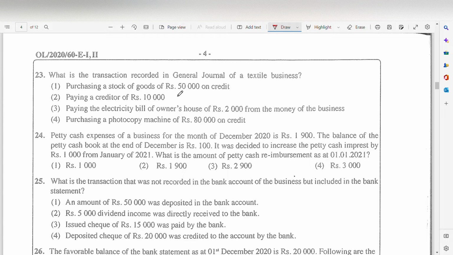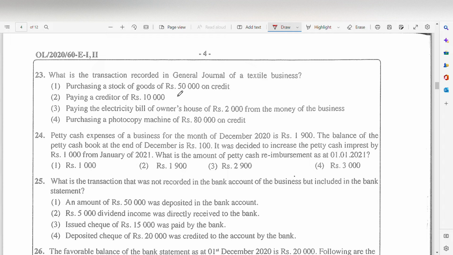Paying the electricity bill of owner's house of rupees 2,000 from the money of the business. Again, you are making a drawing. You are paying the electricity bill of the owner, but payment is done in cash with a cash outflow. So the prime entry book will be cash book.